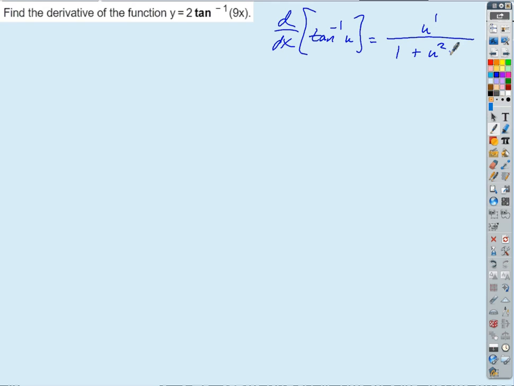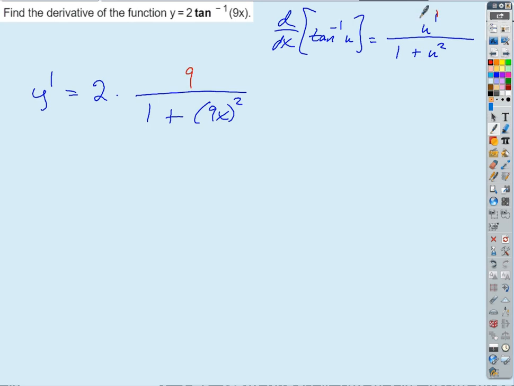U in this case is 9x, right? So y prime just equals, we got the 2 out front, right? 2 times the derivative of arctangent u is just going to be 1 over 1 plus u squared times u prime, essentially, right? So the u prime will be kind of our last step. So we get 1 plus the quantity 9x squared times the derivative of 9x, which is 9.